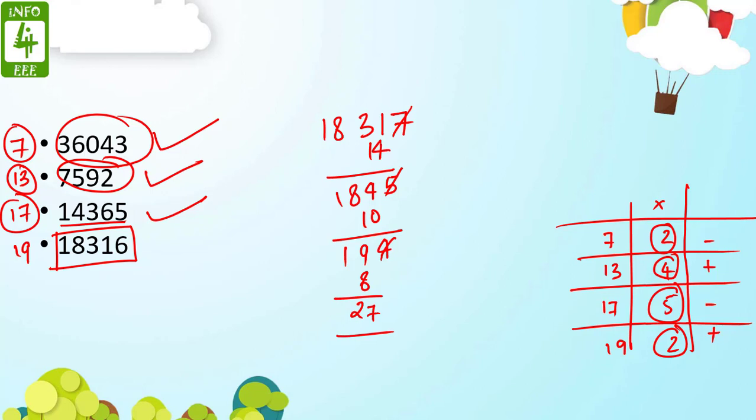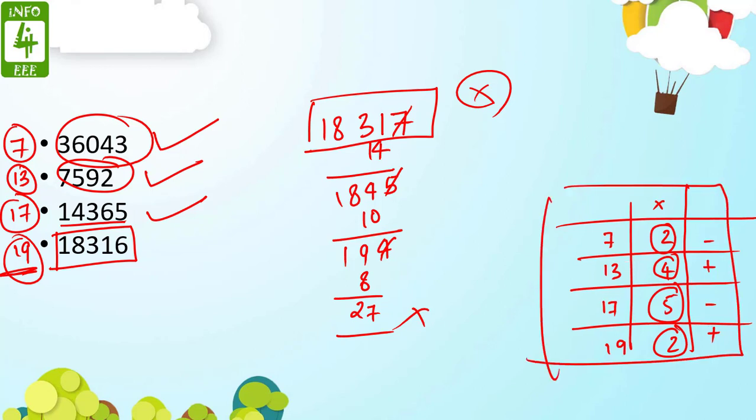So this has become 27. 27 is not a multiple of 19, right? So this 8137 will not be divisible by 19. Okay, so this is how you can find the divisibility for 7, 13, 17 and 19.